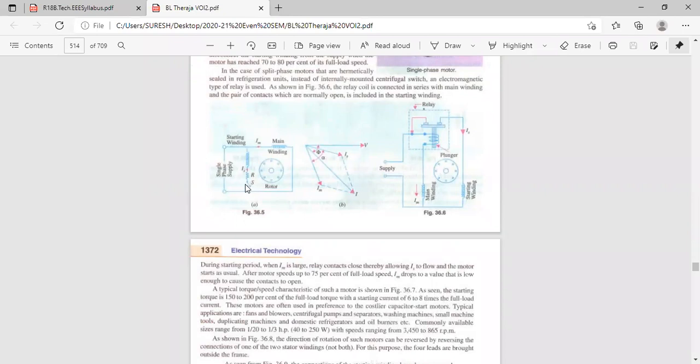If you close this centrifugal switch, what will happen? What is this winding? Starting winding. If you close this switch, current will divide in these two windings.